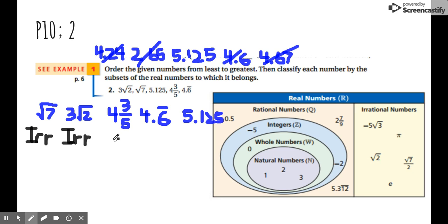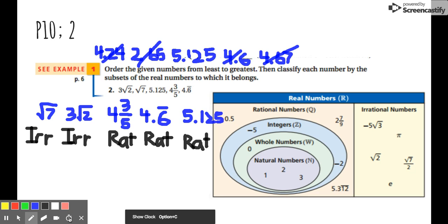Four 3/5 is 4.6, so that is just a rational number. 4.6 repeating is a repeating decimal, rational number. And 5.125 is a finite decimal, so it is a rational number. Okay, the next problems.